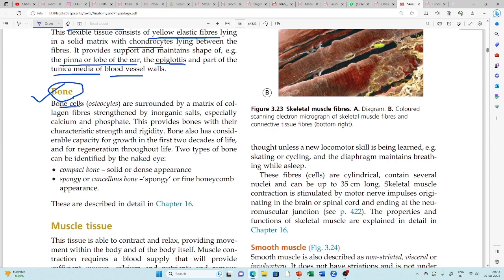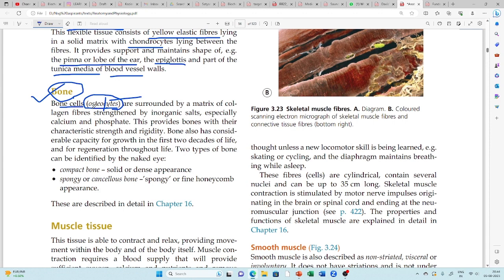Bone cells, here we will have a small idea. Adipocytes are fat cells, chondrocytes are cartilage cells, like that. Bone is made up of another type of cell known as osteocytes. Cyte means cell, osteo means bone.